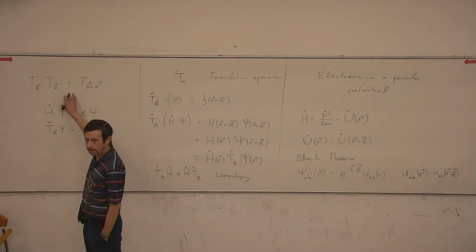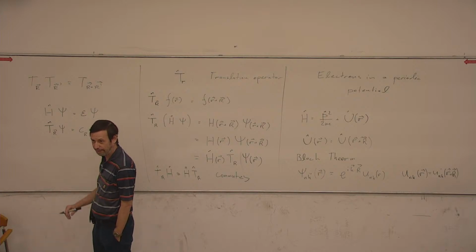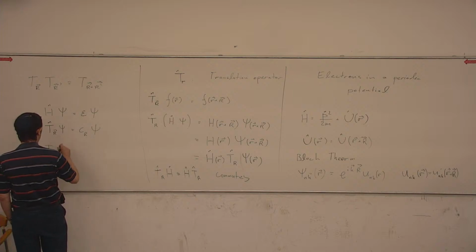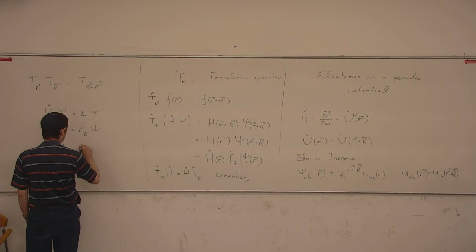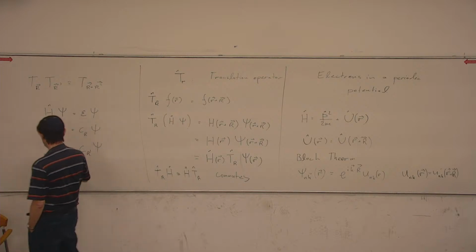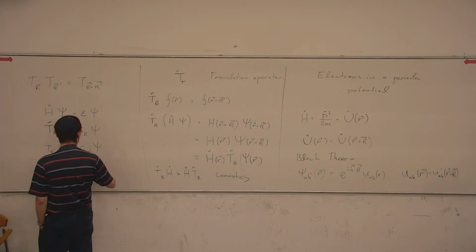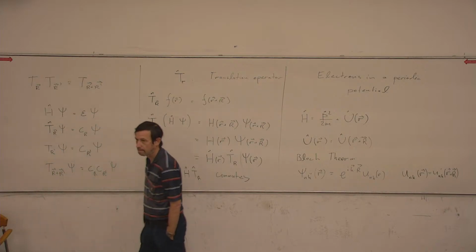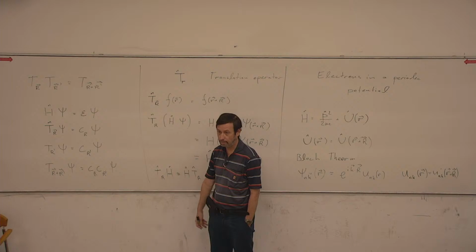So, let's take this property and see what it says about the eigenvalues of this operator. Well, we saw that T of R is C of R, T R prime, and the order is not important.